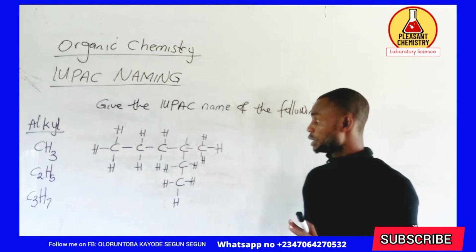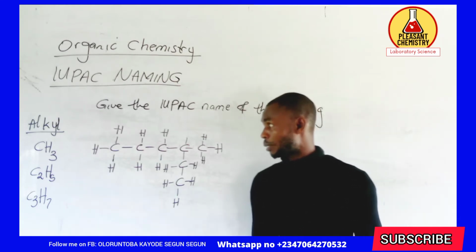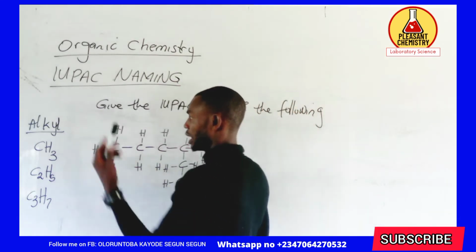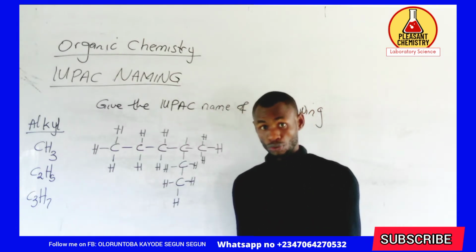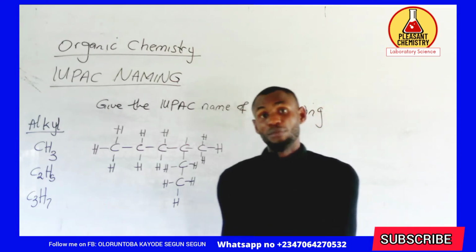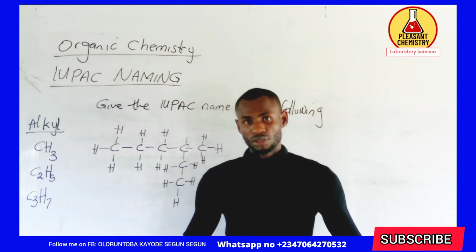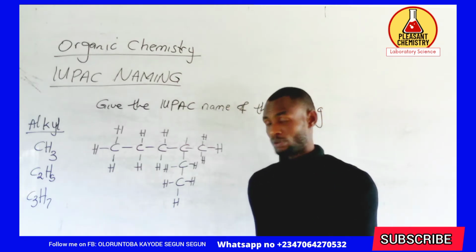Now there is no way we will talk about naming of organic compounds that we will not talk about the alkyl group. These alkyl groups don't stand alone. They stand as an attachment with another family or with a compound. So now these alkyl groups are also a family on their own.